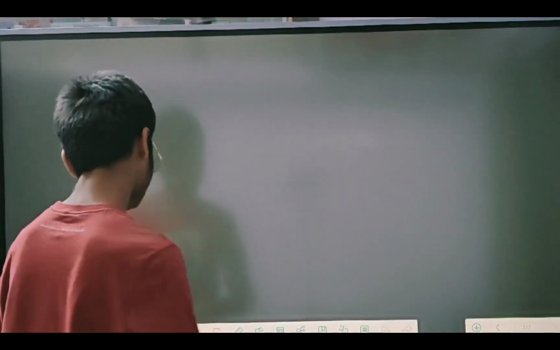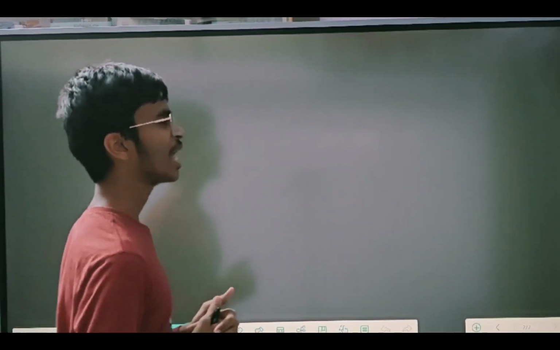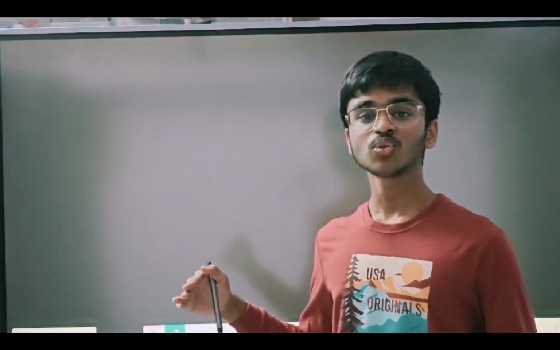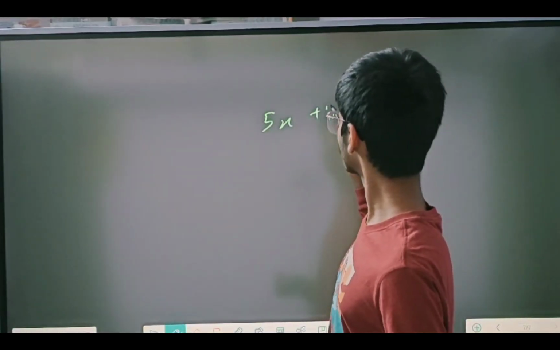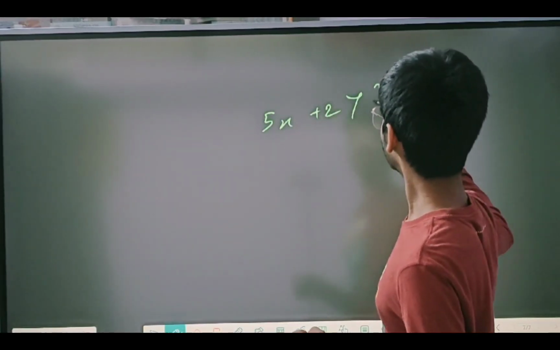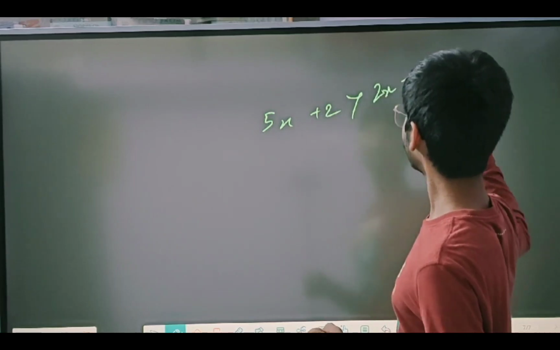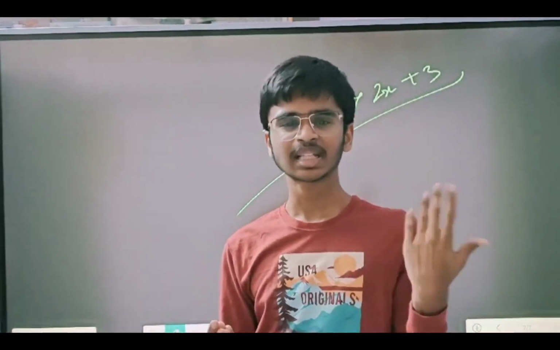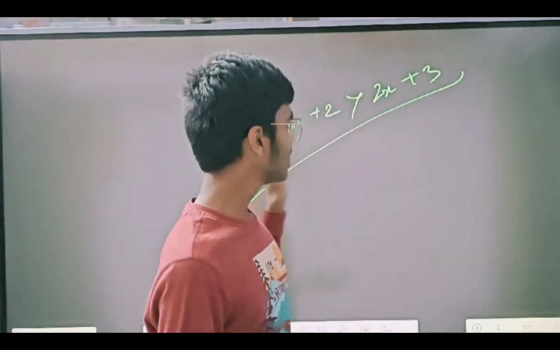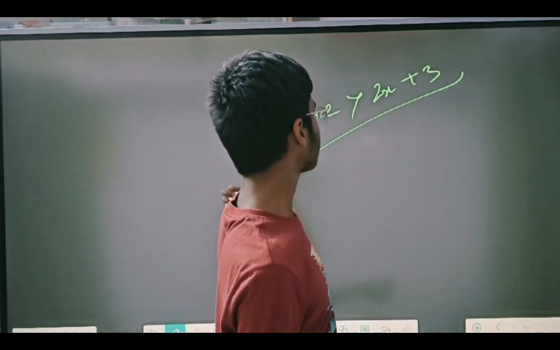So there are equations. See, system of equations. Even last year we saw the system of linear inequalities. They will be giving you a system of linear inequalities like 5x plus 2 is greater than 2x plus 3, where you are combining two linear inequalities. Like this, here I'm combining equations.